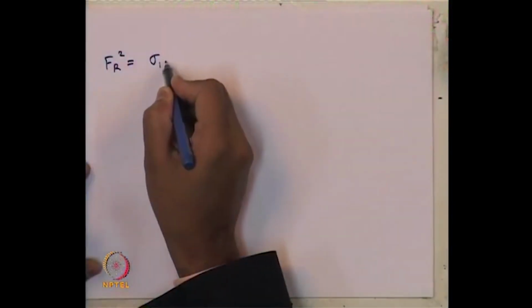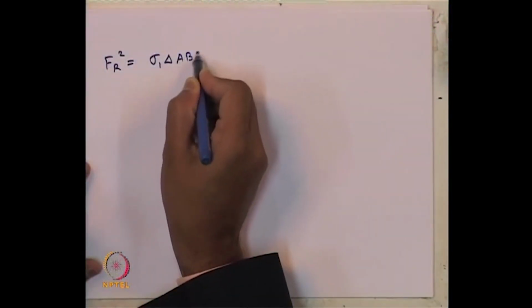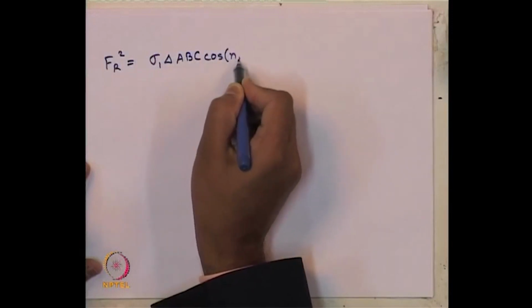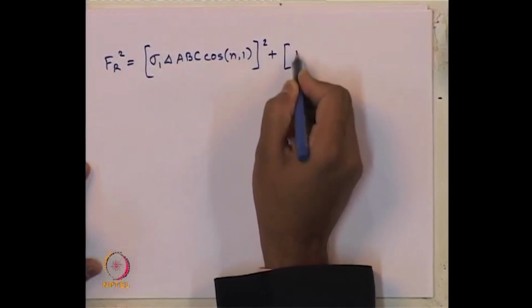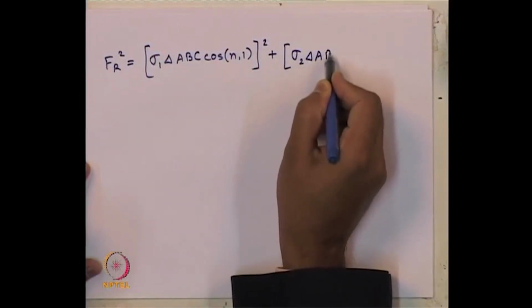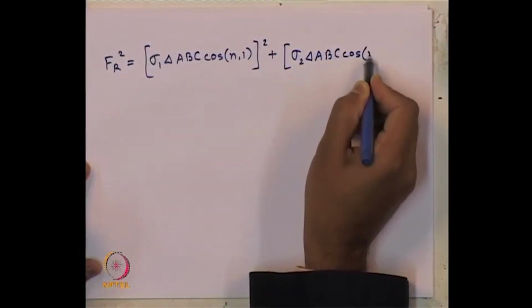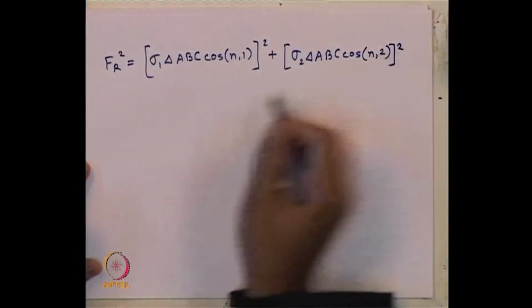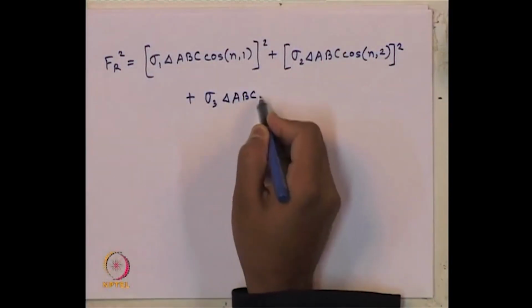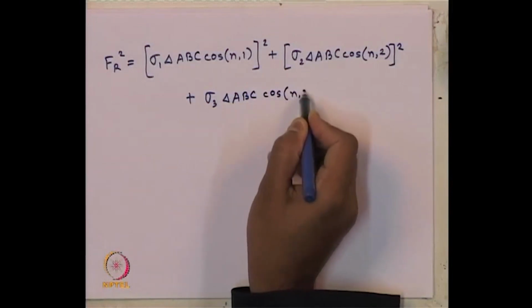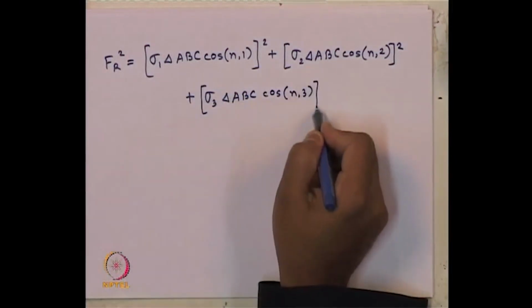So, on simplification, F r square equals (sigma 1 ABC cosine of n1) whole square plus (sigma 2 ABC cosine of n2) whole square plus (sigma 3 ABC cosine of n3) whole square.